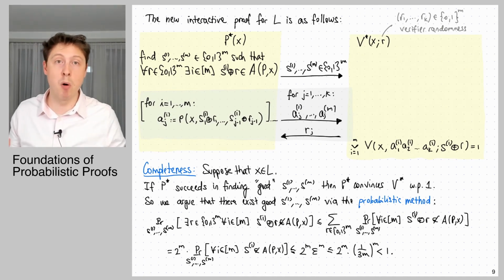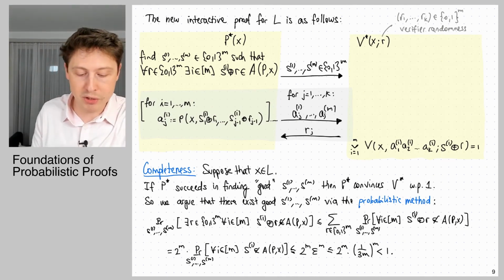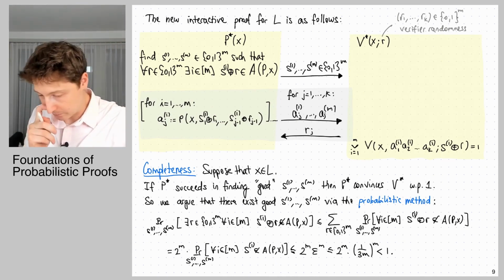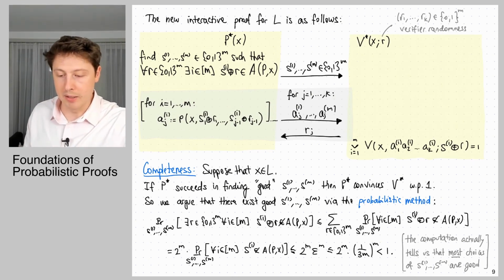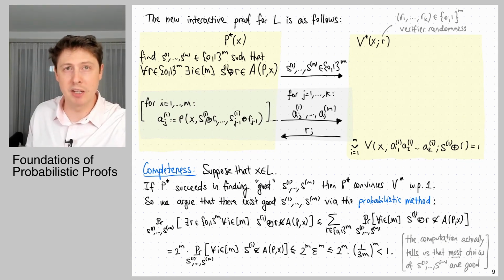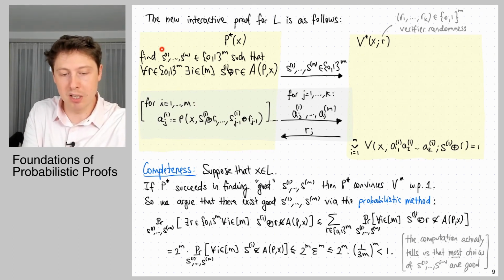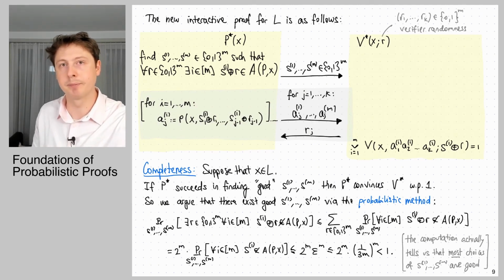So it's saying that most choices of S are good. All right, so again, we've shown that over a random choice of S, the probability that they're bad is less than 1. So there must exist a good choice of S. So the honest prover is covered here.